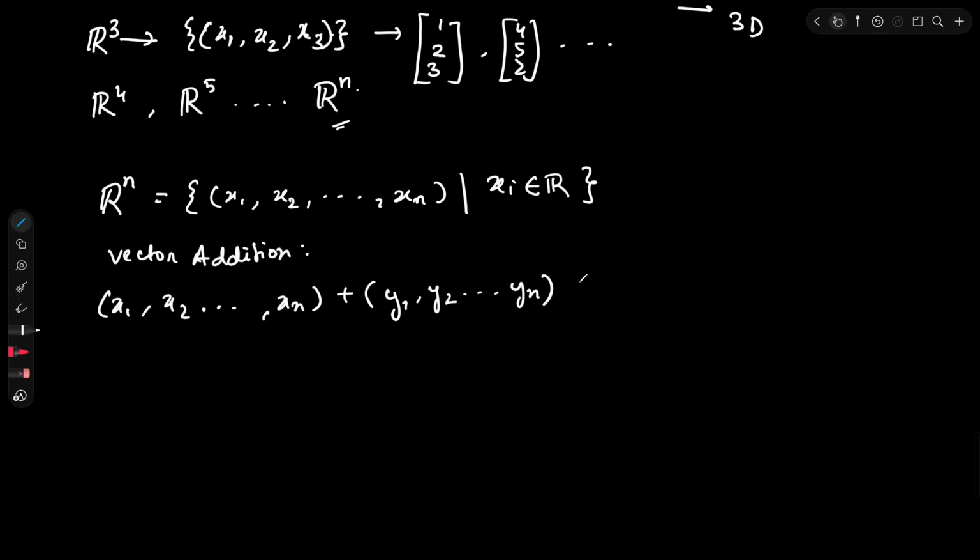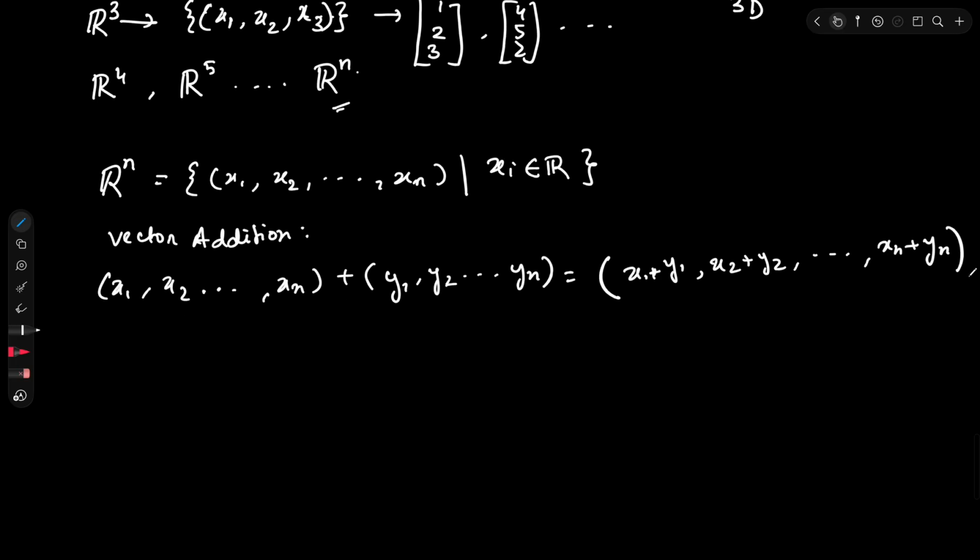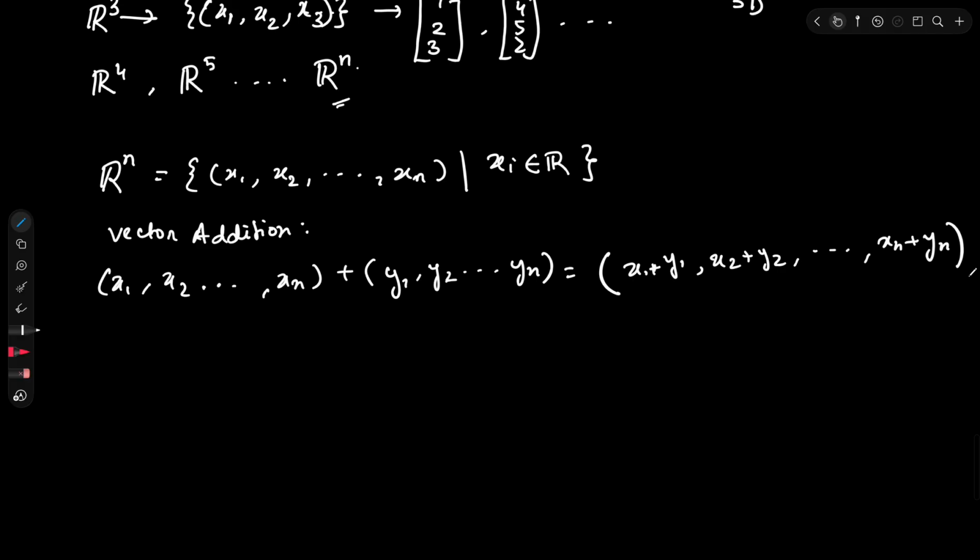This equals x1 plus y1, x2 plus y2, dot dot dot, xn plus yn. And this can be found out by the coordinate geometry formulas: if you take a specific displacement along the x-axis and then a specific displacement along the y-axis, then the total displacement is the sum of the displacements of the x and the y-axis.